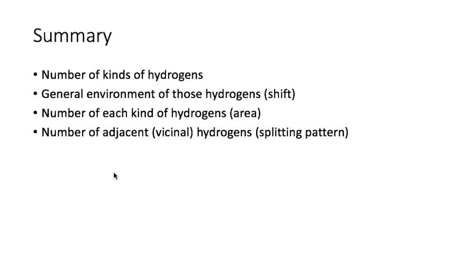So we had 3 kinds, but one of our kinds had 6 hydrogens involved with it. How many of each kind comes from the area, and what's next door. And what's next door is really, really powerful because it lets us figure out what else is going on in the molecule.